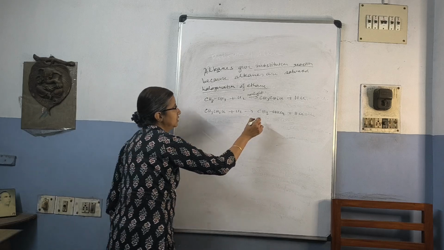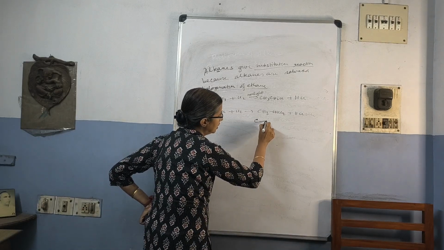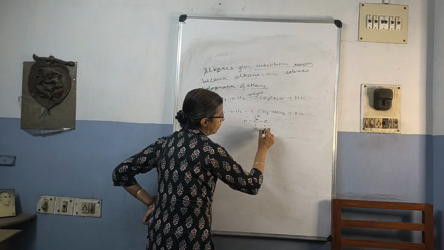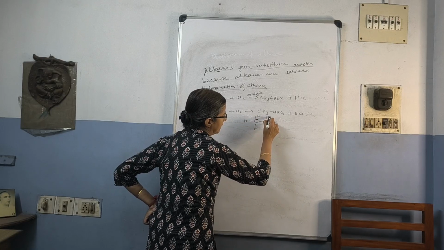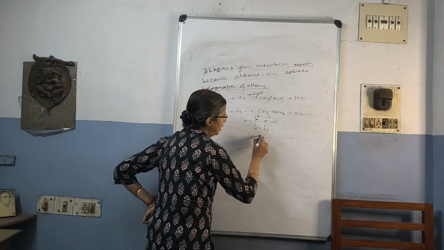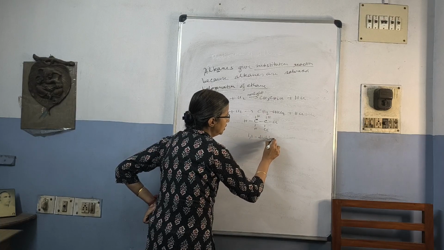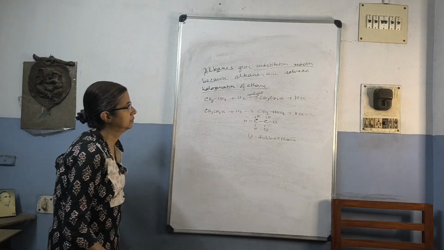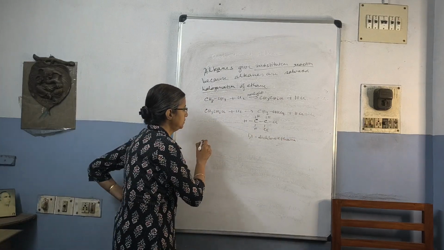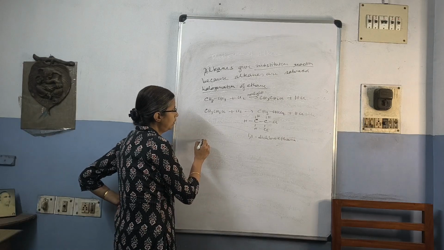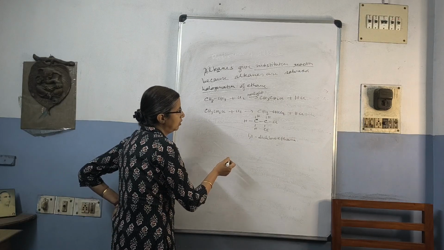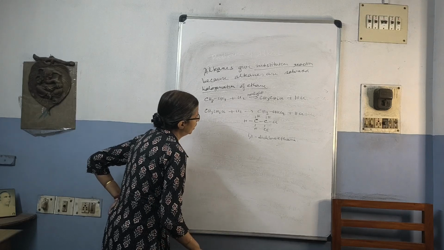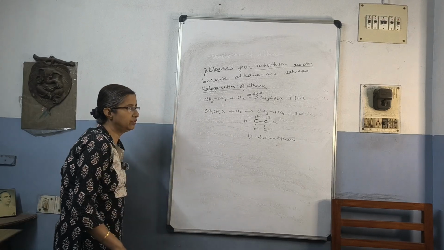Now if the compound is like this, the naming will be 1,1-dichloroethane. Then we will move on to the next one, trichloroethane and so on. Then 1,1,1 in this way we will go on. This is the halogenation reaction of ethane.